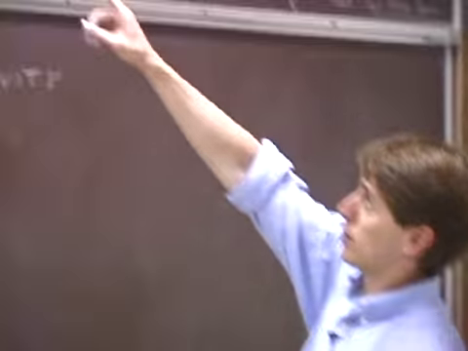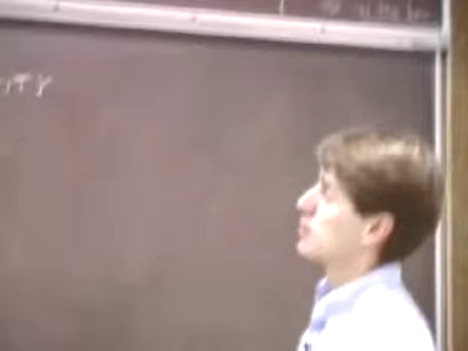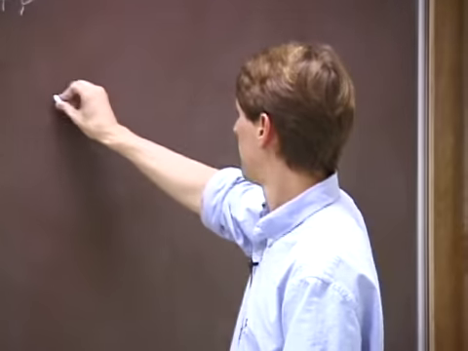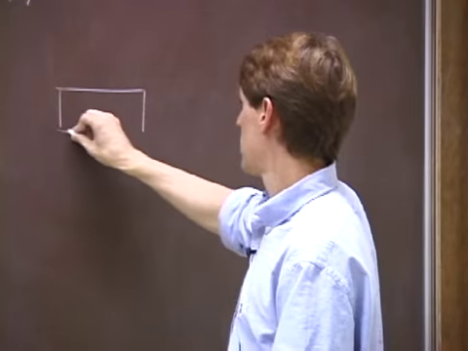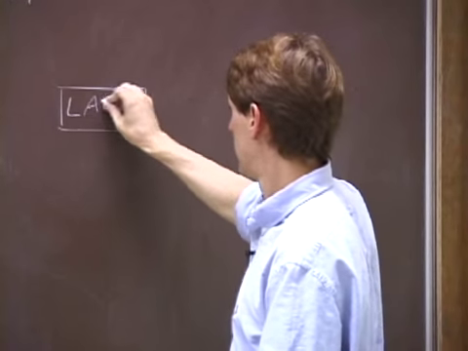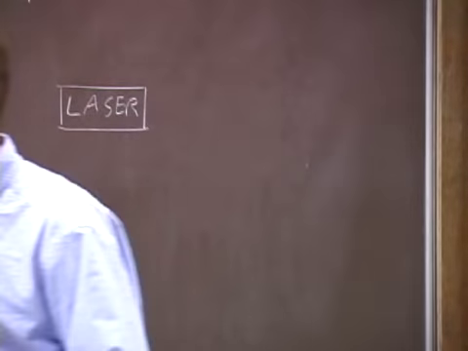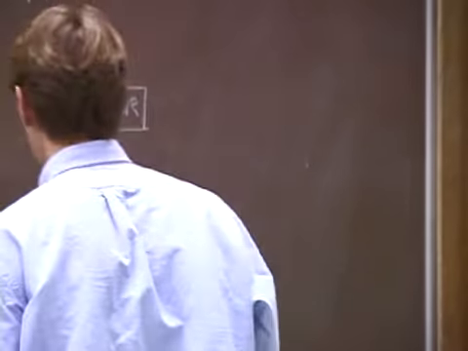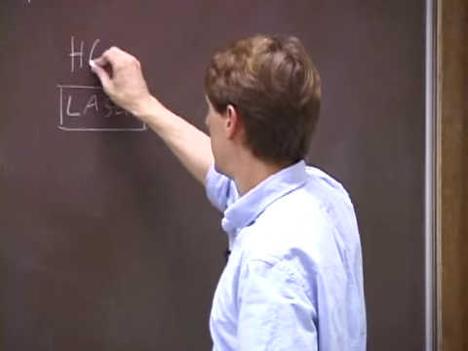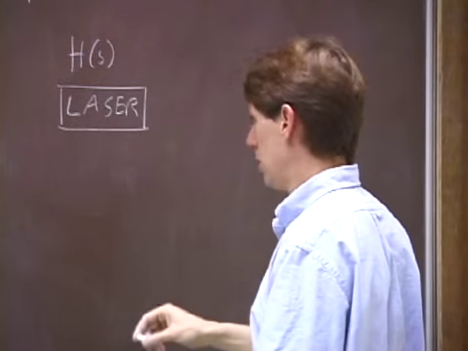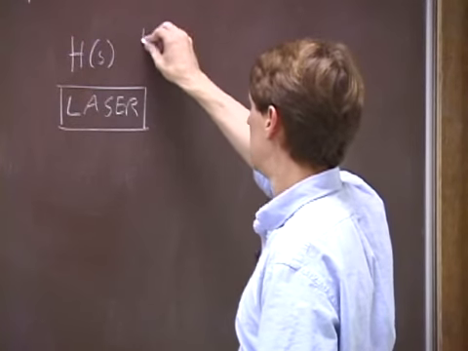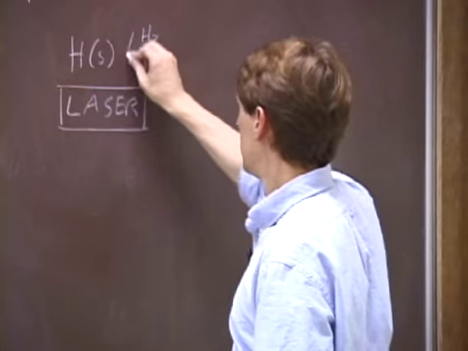And so if we draw a control system block diagram to represent this laser locking system, we can represent the laser by a block. I decided to call that H. H of s, which has units of hertz per volt.